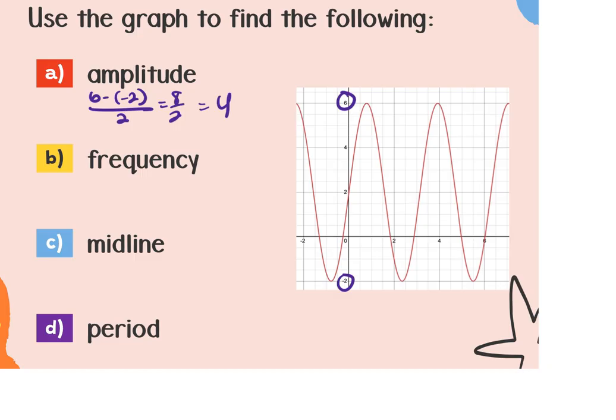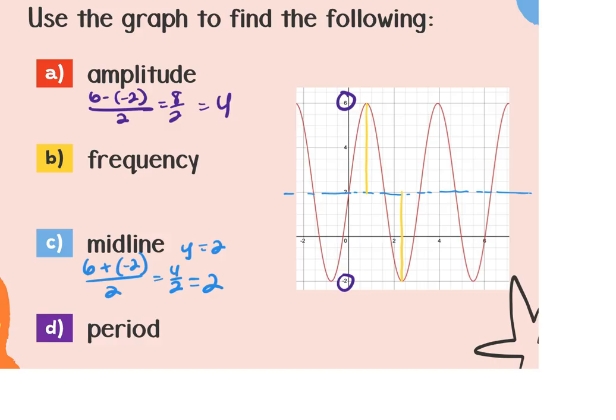So to find the midline, I could either eyeball literally the middle line of this graph, which runs through 2, or I could do max plus min divided by 2. 4 over 2, which is 2. Sometimes I would even say it's probably easier to find the midline and then confirm your amplitude, because from 2 up to 6 and from 2 down to negative 2 should match your amplitude, which is 4.